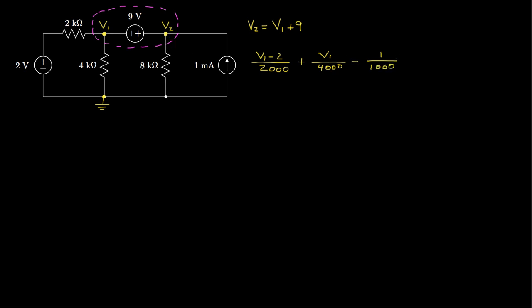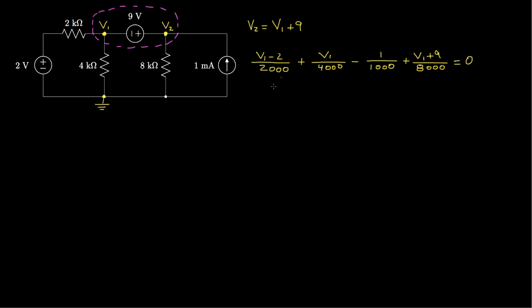And then in this direction, we have V2 over 8000, but V2 is V1 plus 9, so I'll write it that way. And all of that is equal to 0.